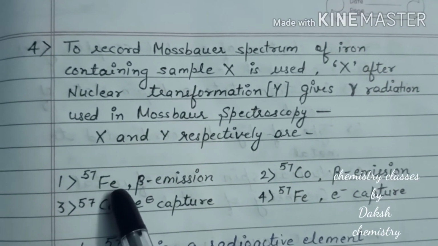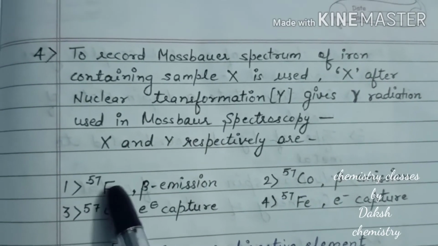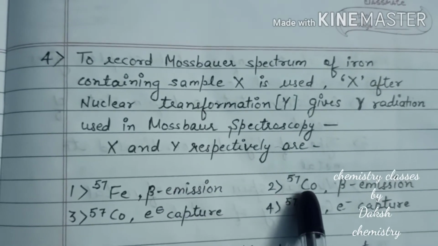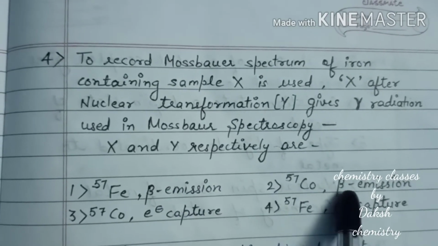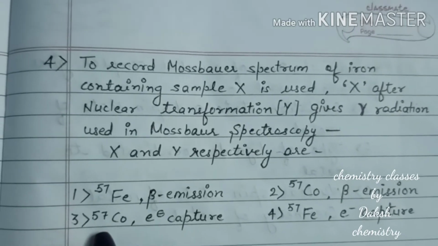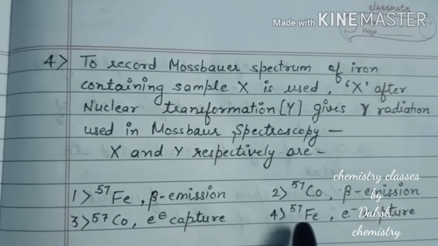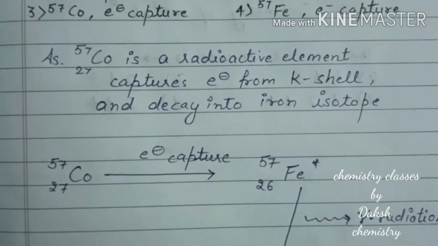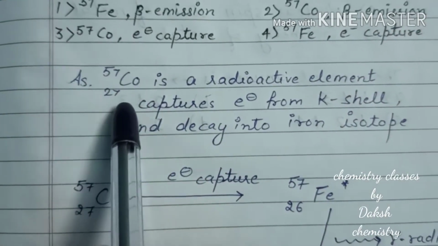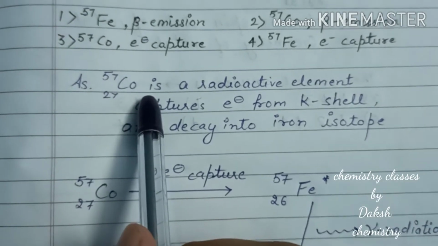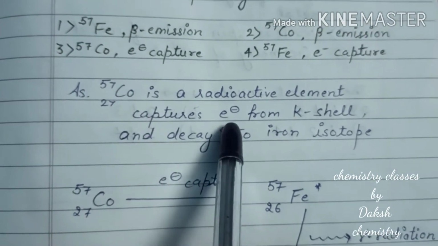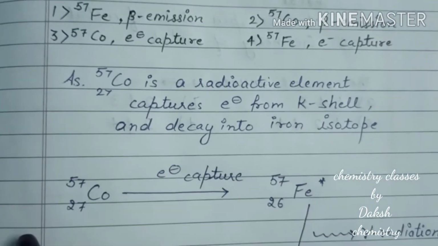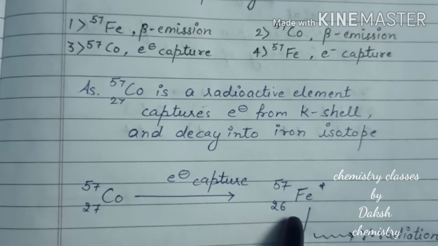Given options are iron-57 beta emission, cobalt-57 beta emission, cobalt-57 electron capture, iron-57 electron capture. So as we know, cobalt-57 is a radioactive element and it captures an electron from the K shell and decays into an iron isotope.